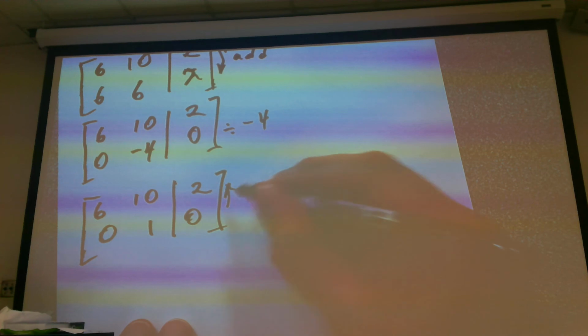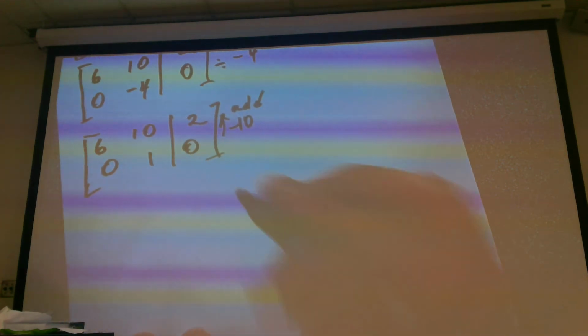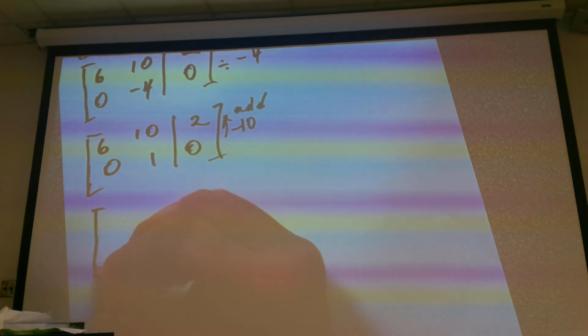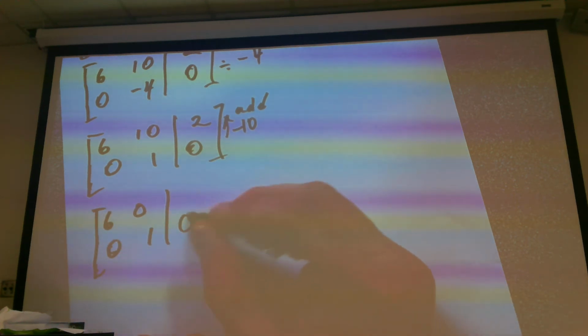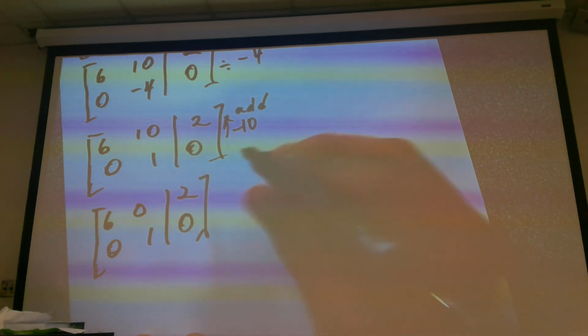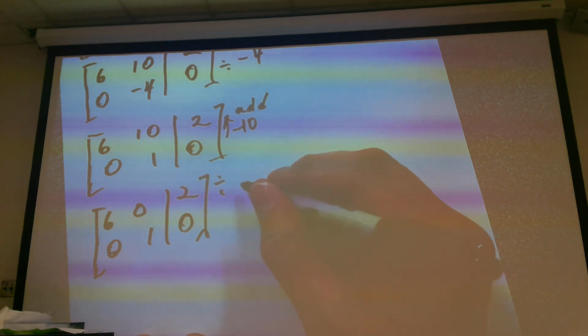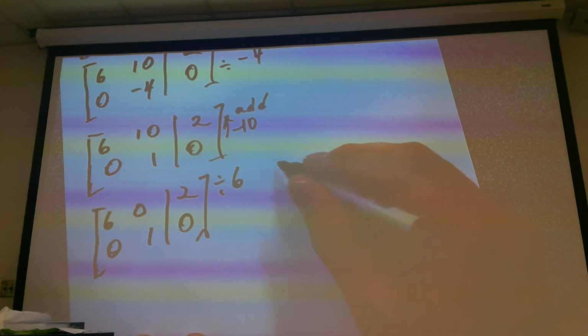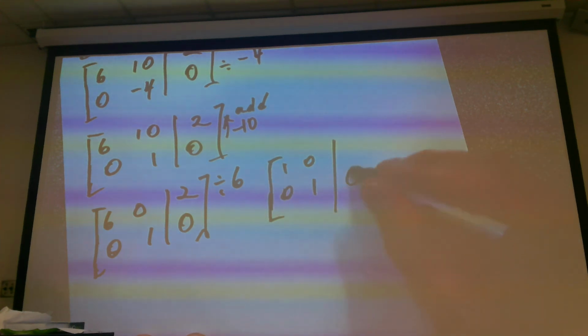Then we can multiply by -10 and add upwards. That's going to get me 6, 0, 0, 1, 0, 2. Then I can divide by 6: 1, 0, 0, 1, augmented with 0, 1/3.